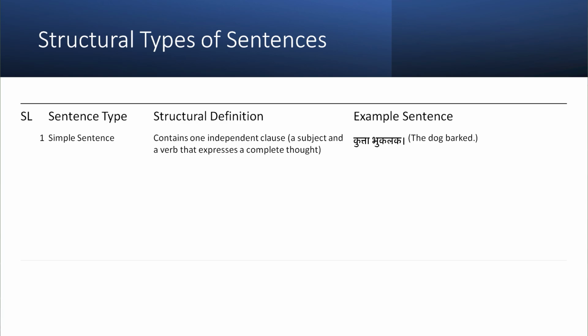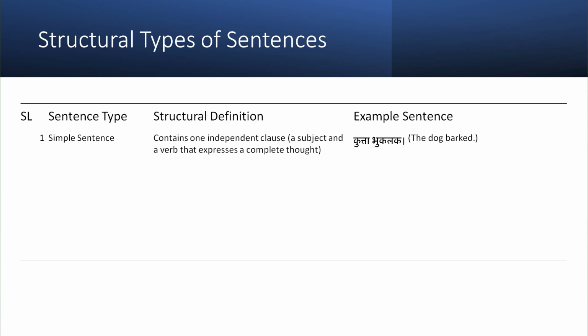For example, in English, the dog barked is a full clause. It contains one subject, the dog, and a verb, barked, and together they make a full thought. The same thing in Maithili would be "kutta bhuklak", where kutta is the dog and bhuklak is the past tense of the verb bark.